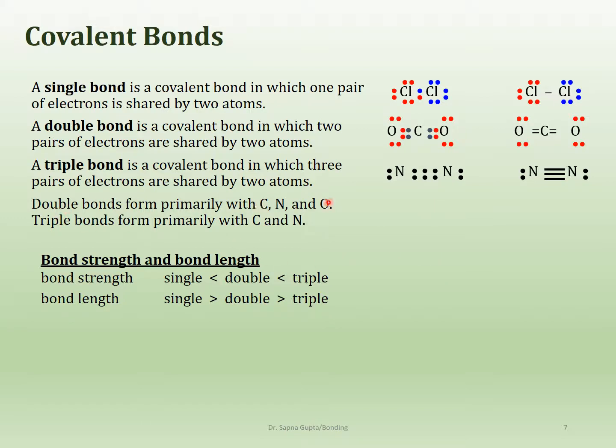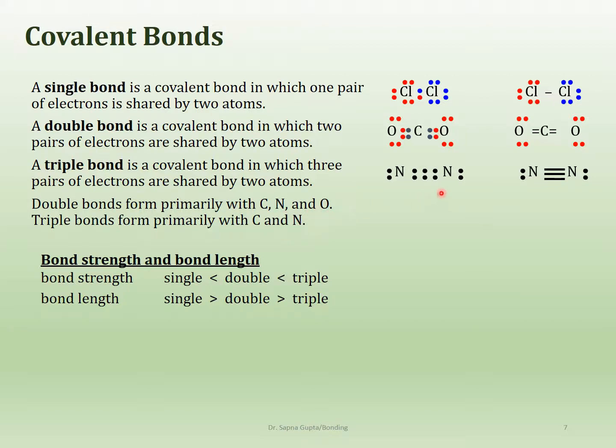So here is a little bit of a clue, but I would not memorize this: double bonds are formed between carbon, nitrogen, and oxygen, which means that wherever you see carbon, nitrogen, and oxygen atoms, there is a chance that they can form double bonds. And then triple bonds are formed usually where carbon and nitrogen are involved.